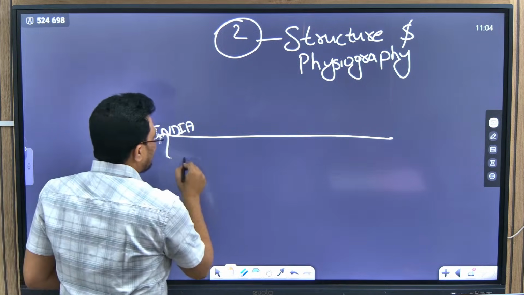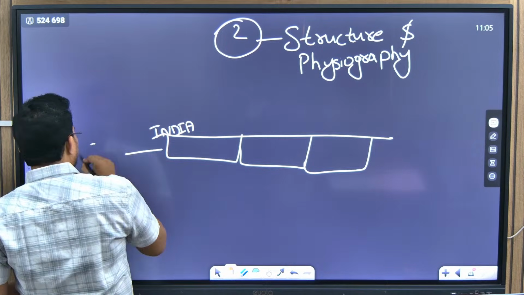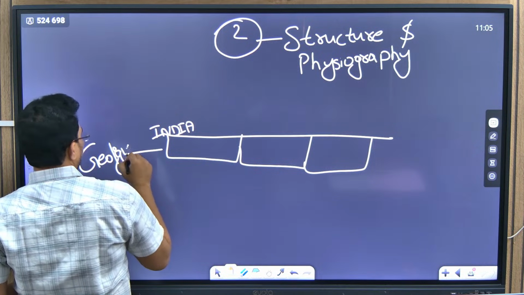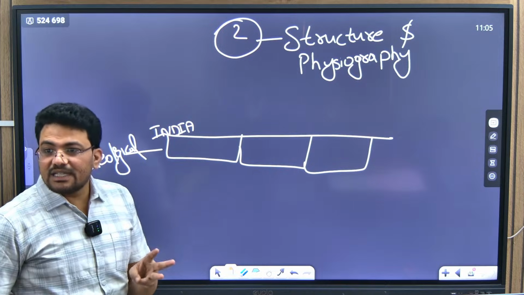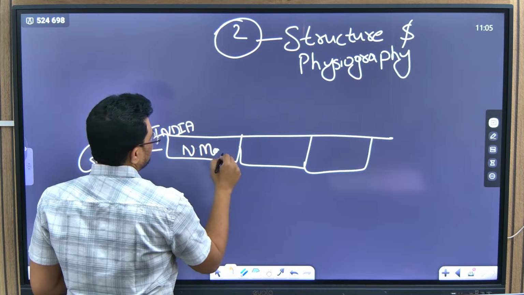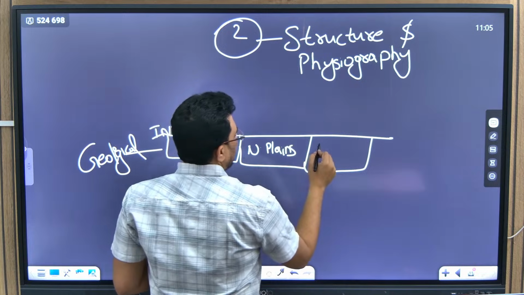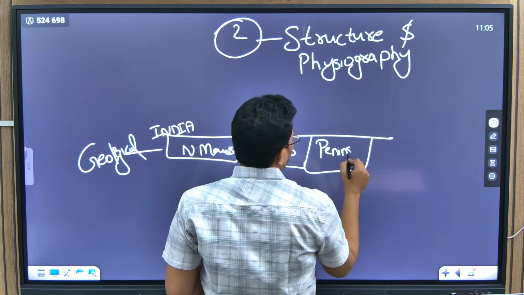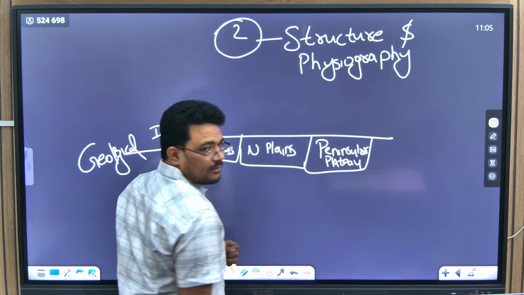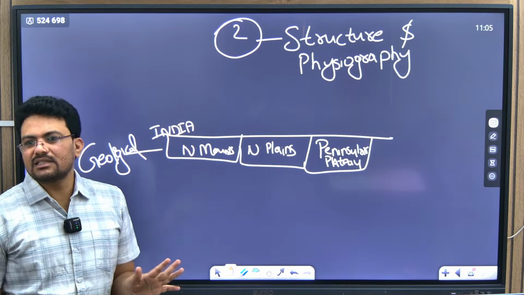From inside they have divided it into three, which is the geological division. So we have three geological divisions: the northern mountains, northern plains, and peninsular plateau. This is from inside, the geology, so we cannot see it.